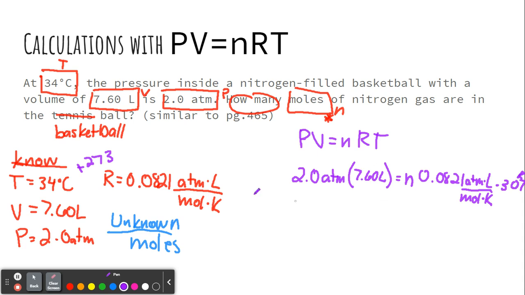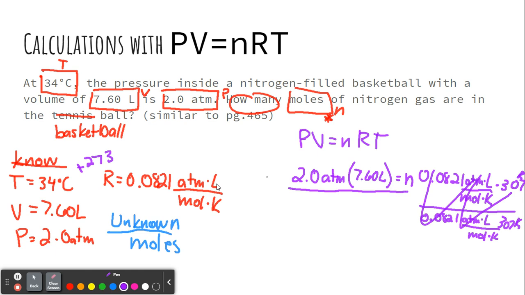So now to get N all by itself, I have to divide both sides by what it's multiplied to. All right. So this side totally cancels out, right? This side, let's see what happens with that unit on the constant.